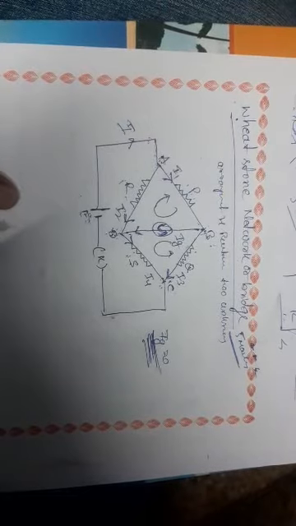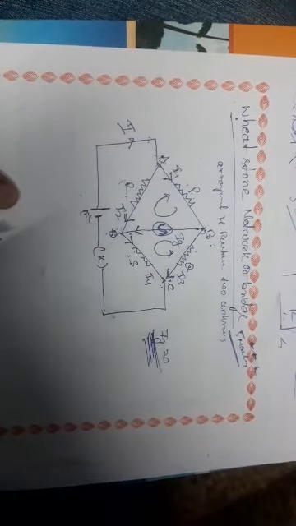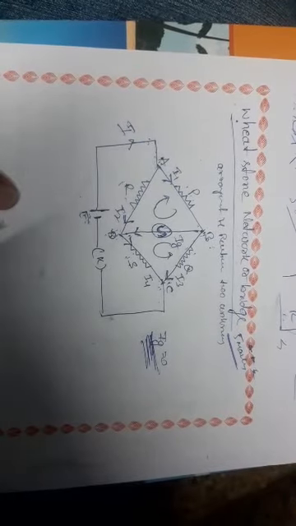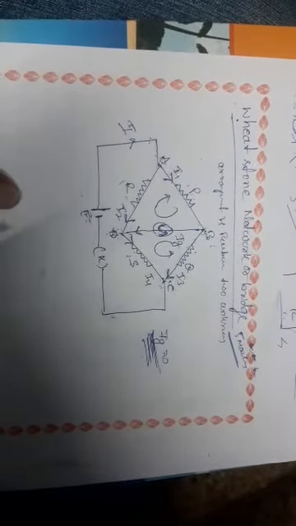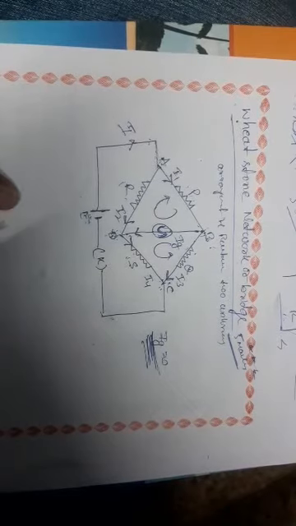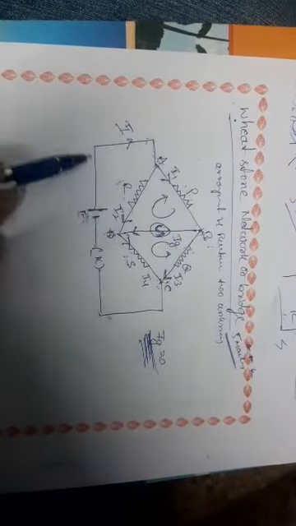When the resistors are varied such that no current flows through the galvanometer, the galvanometer shows zero deflection. Current through the galvanometer is zero. Then the network is electrically balanced.